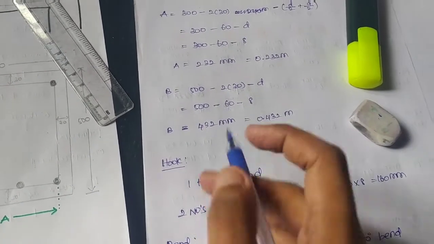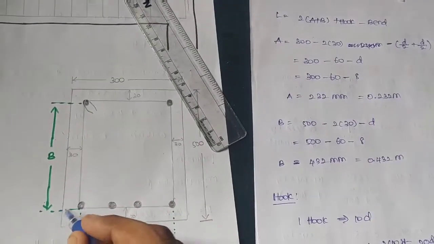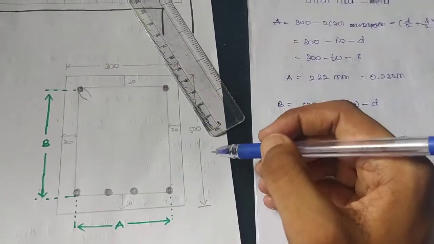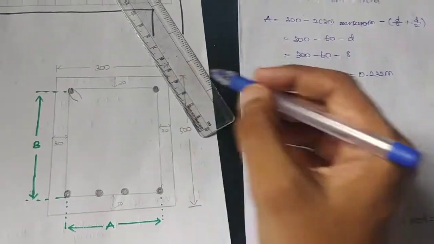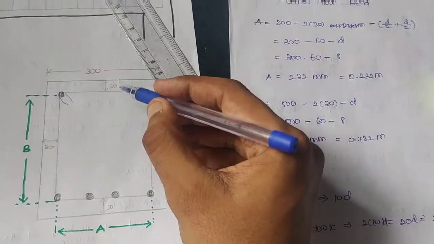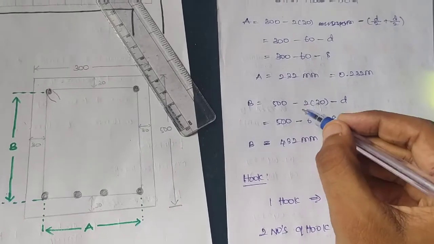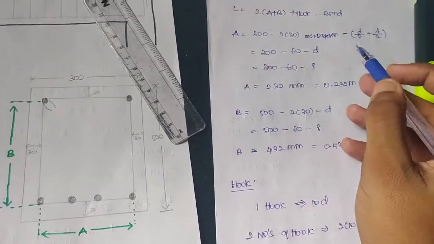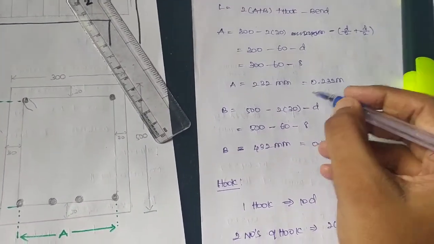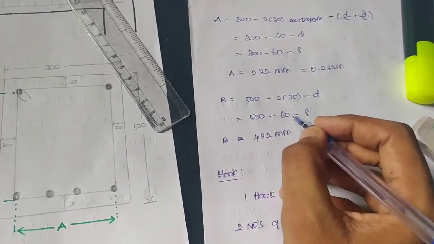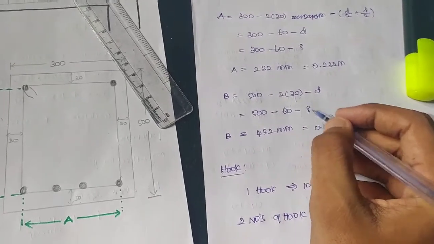Next we are calculating for B. B, this portion. Similarly to A, here the total is 500 mm, and we are subtracting the clear cover on both sides. So 2 into 30, minus the same procedure, that is D by 2 plus D by 2, which is nothing but D. So 500 minus 60 minus diameter 8.